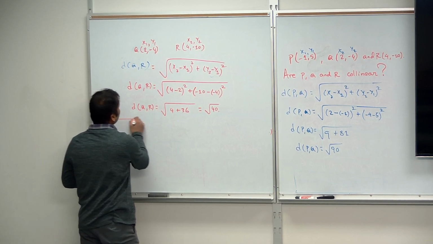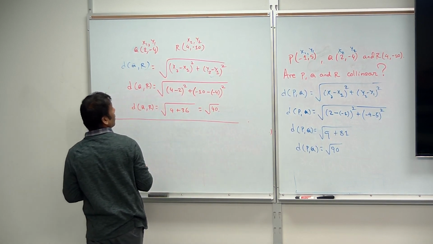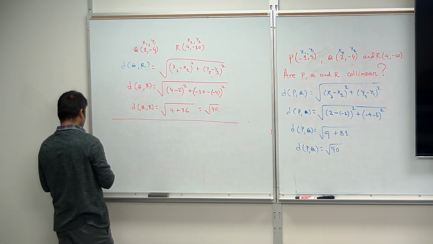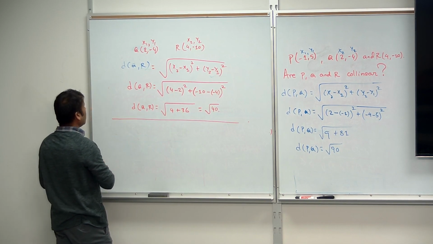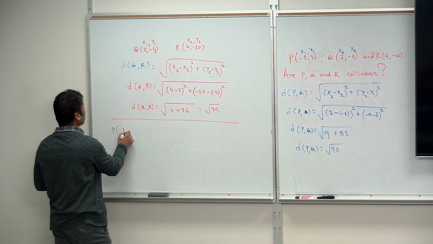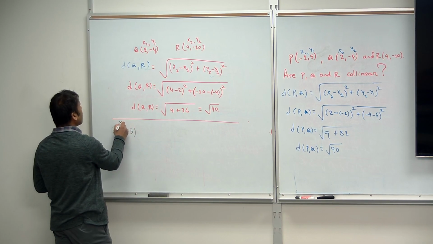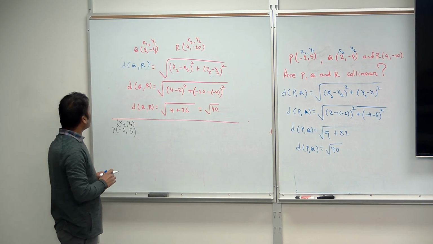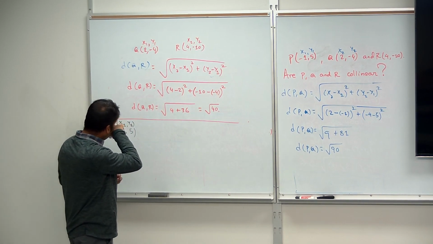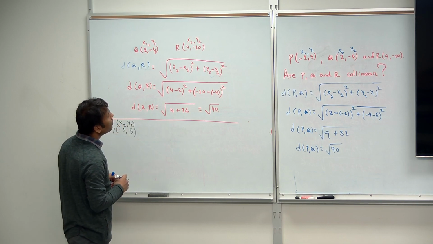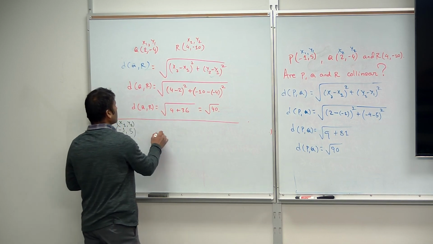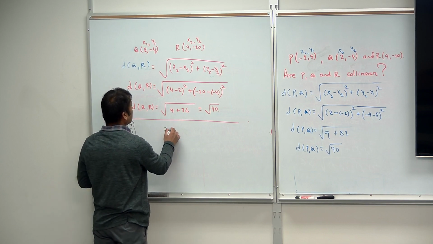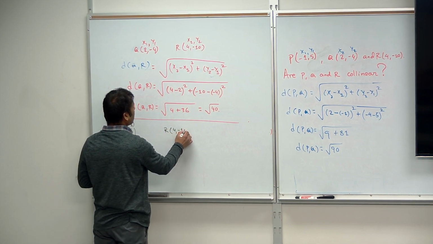So next I want to find out the distance between PR, okay? What is my point P? So my point P is negative 1 comma 5. I want to consider this as x1, y1. And what is my point R? R is 4 comma negative 10.